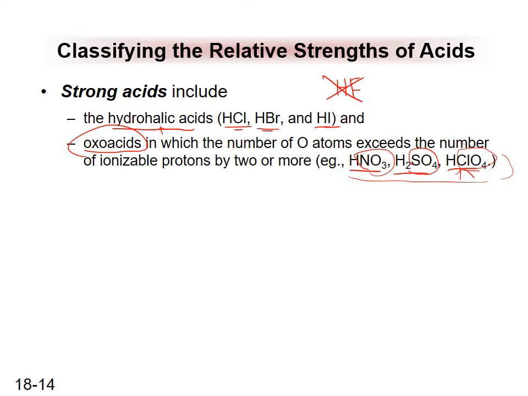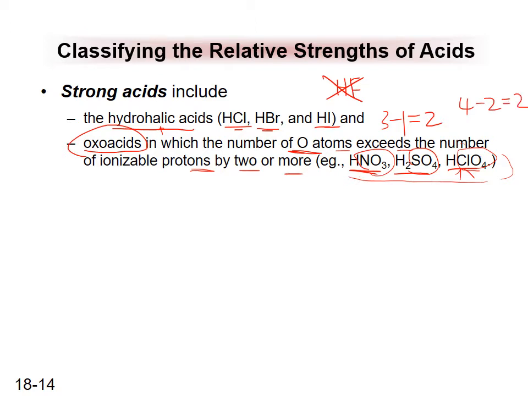So how do you make sure? Here is a rule. If the oxygen atoms exceed the number of ionizable protons by 2 or more, then they are strong acids. Let's count here. Nitric acid: 3 oxygen minus 1 hydrogen equals 2. Sulfuric acid: 4 minus 2 hydrogen equals 2.